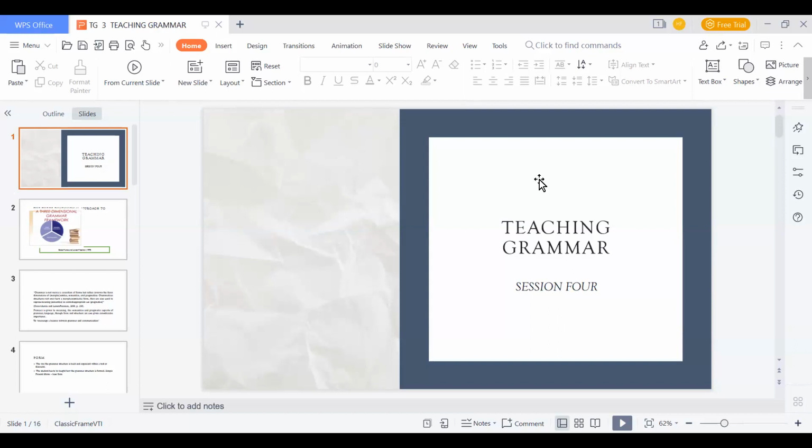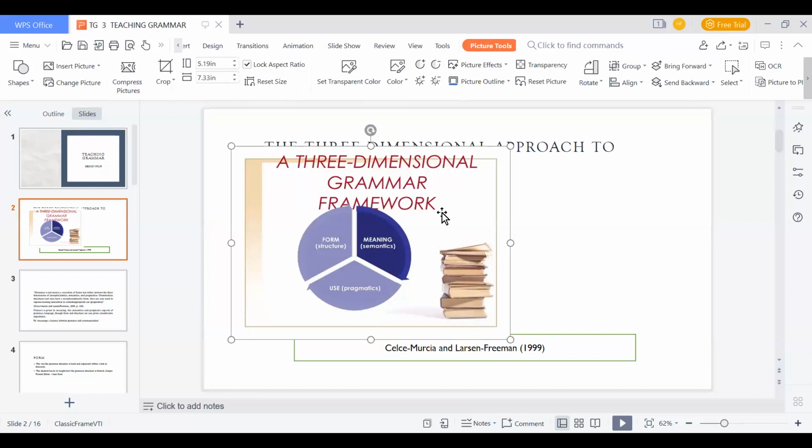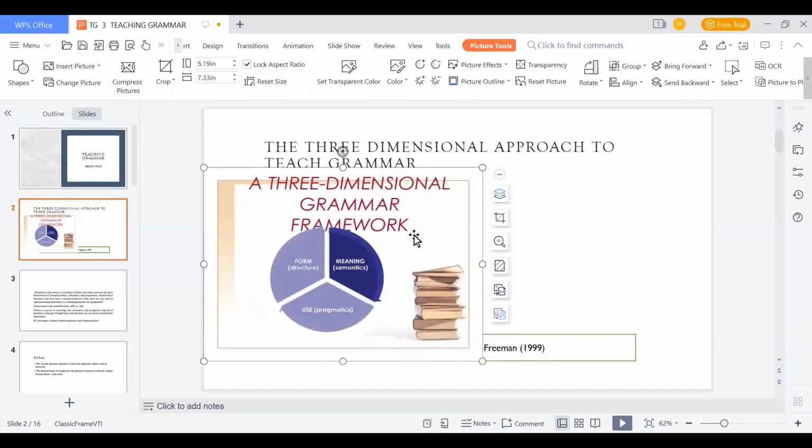So let's first discuss what this approach is all about. It is termed the 3-dimensional grammar framework, or the 3-dimensional approach to teach grammar, by Celce-Murcia and Larsen-Freeman. Now look at this.